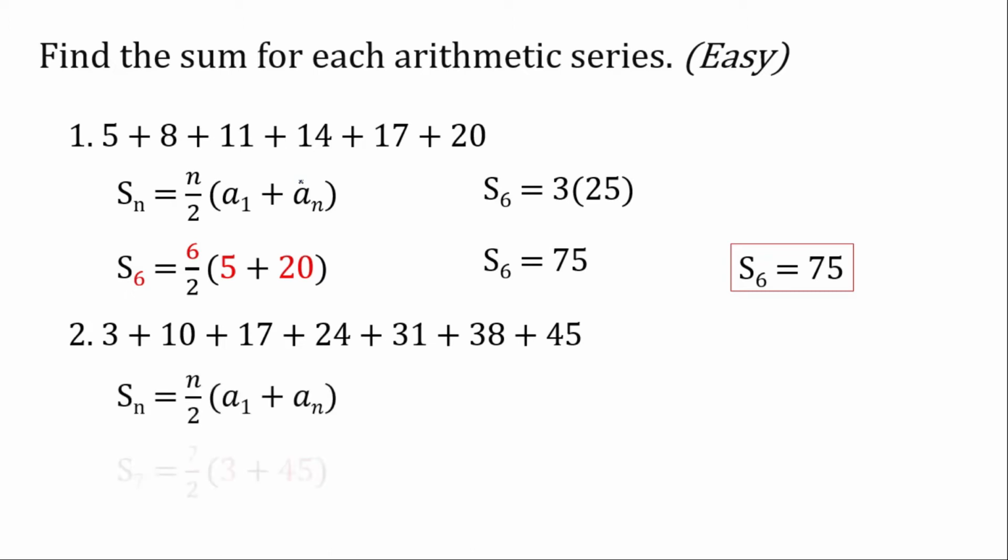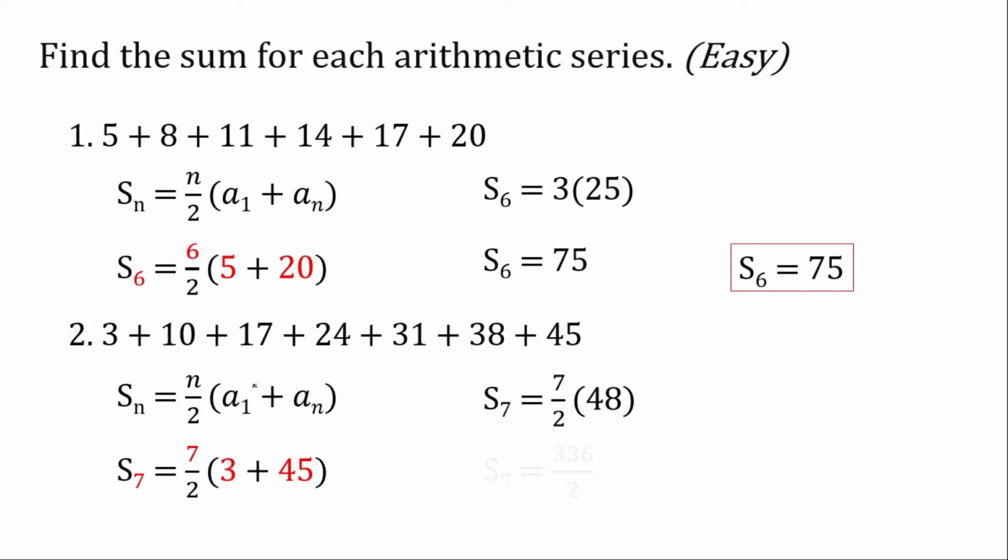For number 2, let's substitute it. We have 7 for the value of n, or the number of terms is 7. We have 3 for our first term and 45 for the last term. So 7 divided by 2 will give us a decimal answer, so we just make it 7 multiplied by 48 over 2. 3 plus 45 is 48.